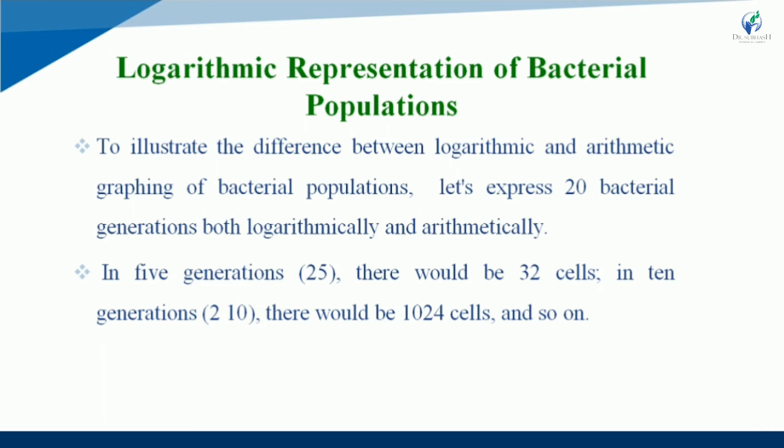So in 5 generations, 2 to the power of 5 gives 32 cells, while generation number 10 is 2 to the power of 10, which produces 1024 cells, and so on.